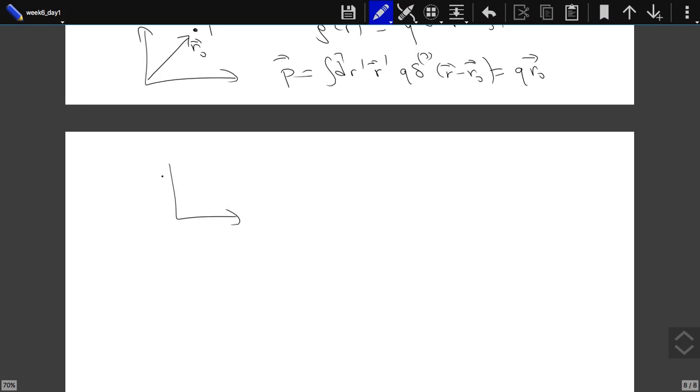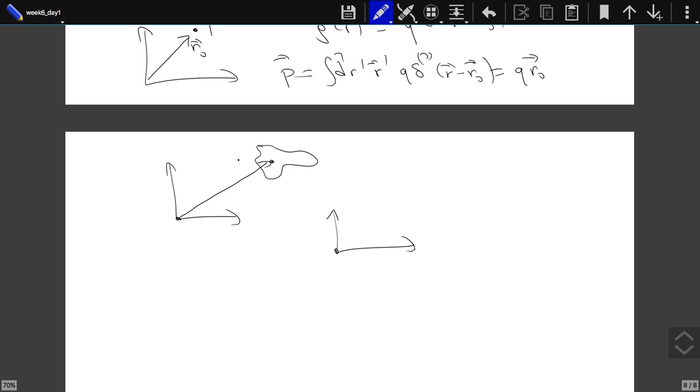Let me choose two coordinate axes. This is one. This is the other one. And let us assume we have some charge density over here. Let's calculate the dipole moment with respect to this origin and also with respect to this origin. Now, I choose a point in my charge density.